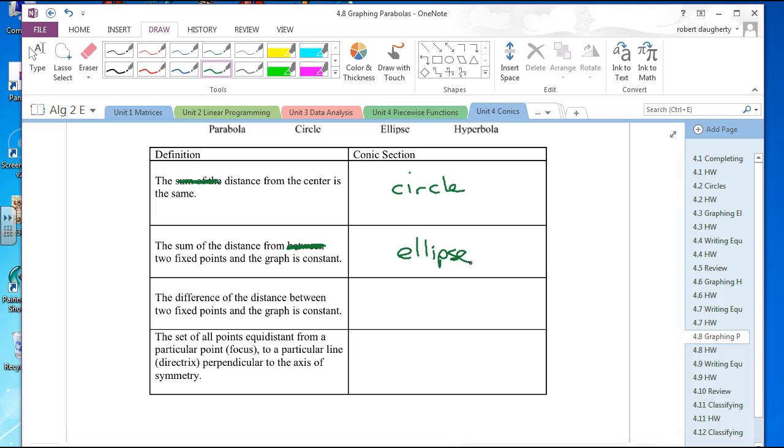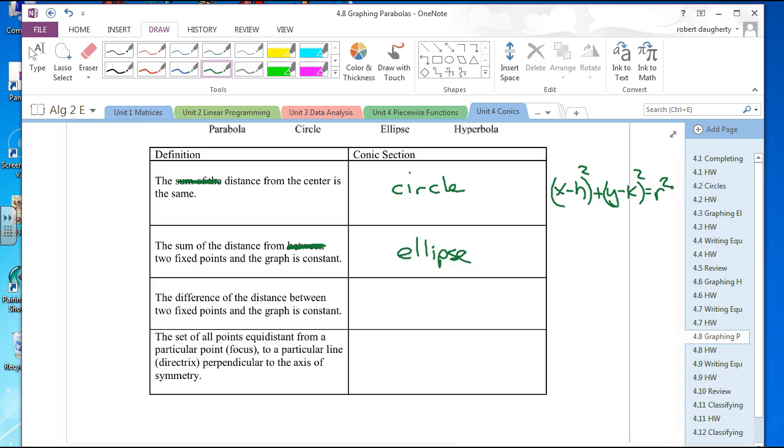So what was our circle? It was what? (x - h)^2 + (y - k)^2 equals what? r^2. That's a circle. R is the radius, okay?